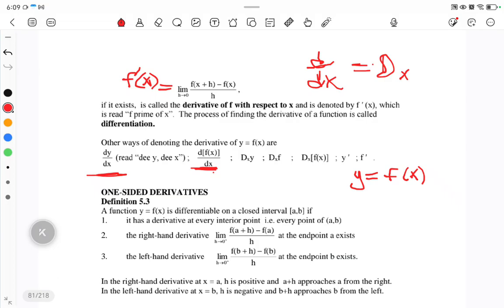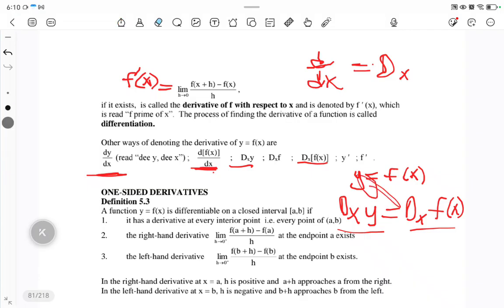And this would mean D sub x y is equal to D sub x f, then this will be f of x, and this would be this. Then this will be the case. So that's how these are generated.